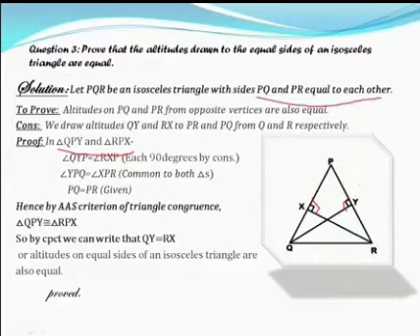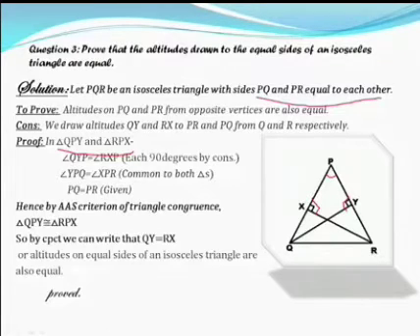Now angle YPQ, this angle, and angle XPR also refer to this very angle, and I have taken it because it is common in both the triangles, and PQ is equal to PR. This fact we have been given. So again, by angle side angle criterion of triangle congruence, we can infer that triangle QPY is congruent to triangle RPX.